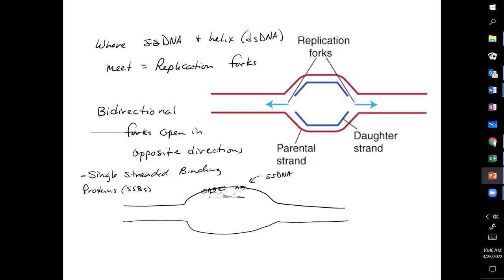They bind and coat the single strands until the new strand is created. So they bind to the single-stranded DNA and protect it, preventing internal folding and degradation.